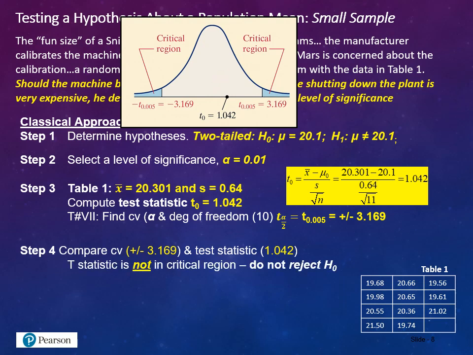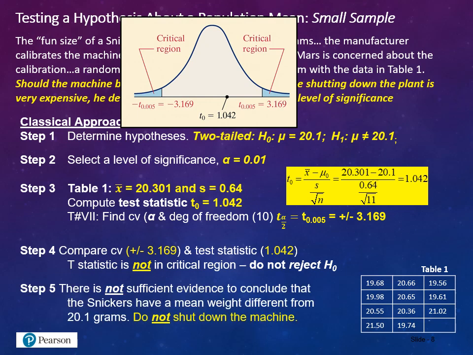Since the test statistic is not in the critical region, we do not reject the null hypothesis. And so our conclusion is there's not sufficient evidence to conclude that the Snickers have a mean weight different from 20.1 grams, which means that we do not shut down the machine. The calibration is okay.